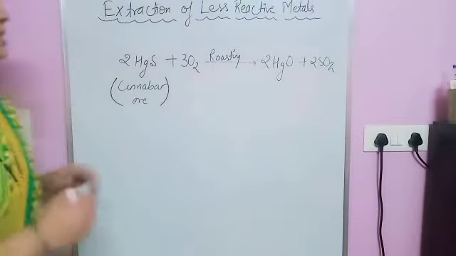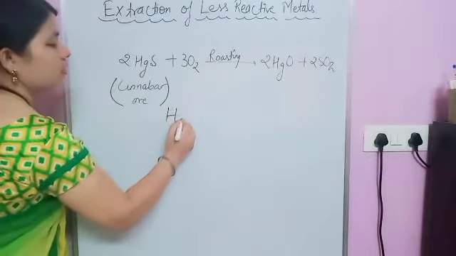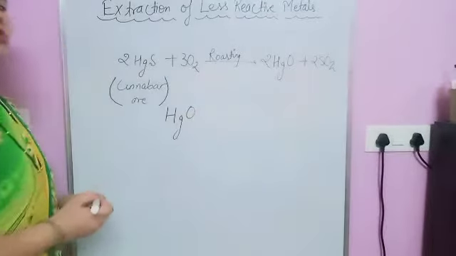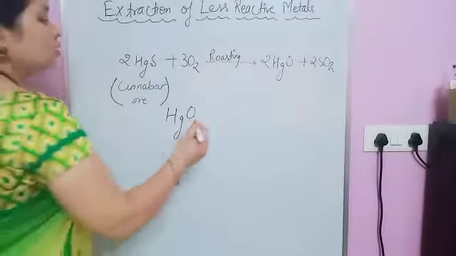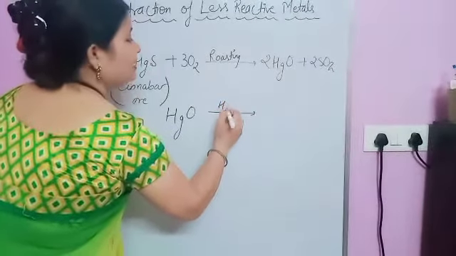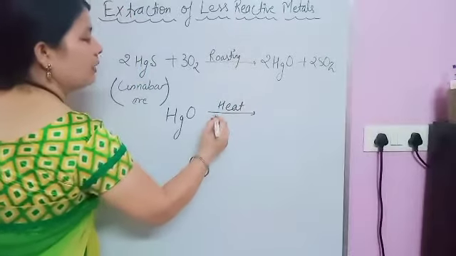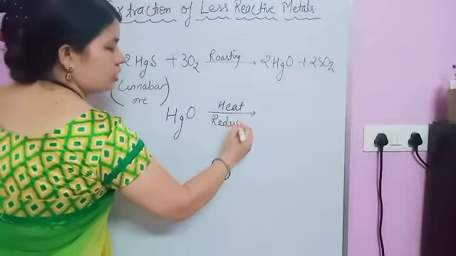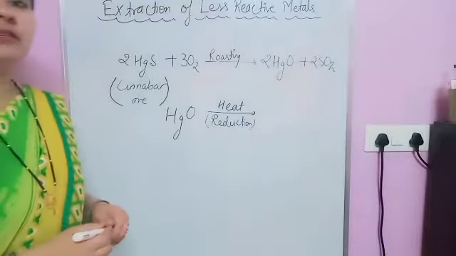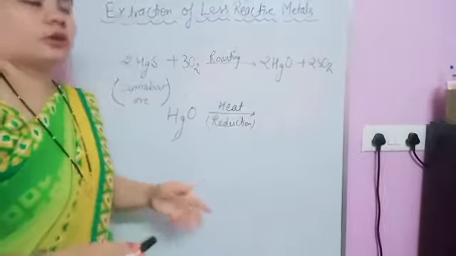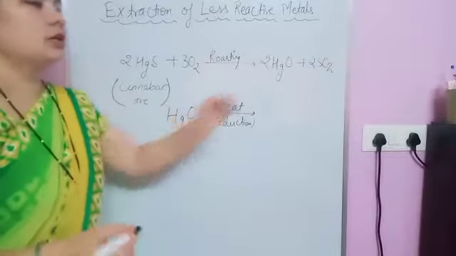Once this metallic oxide is formed, and this metal is a low reactive metal, then simply when we heat it, reduction occurs. Normally we use a reducing agent, but for less reactive metals a reducing agent is not required. Simply by heating they are converted into metal.